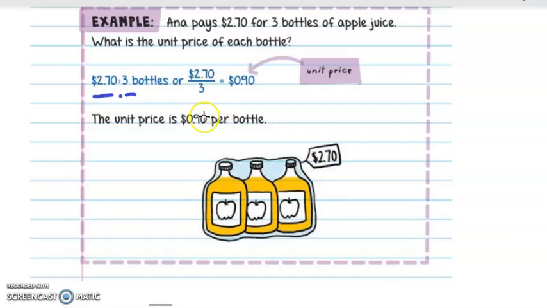I wouldn't expect you to do this old-fashioned long division. But we get 0.9. 2.70 divided by 3 gives us 0.9. Well, if we're talking about a unit price, we know that that's 90 cents, and that's dollars per bottle.